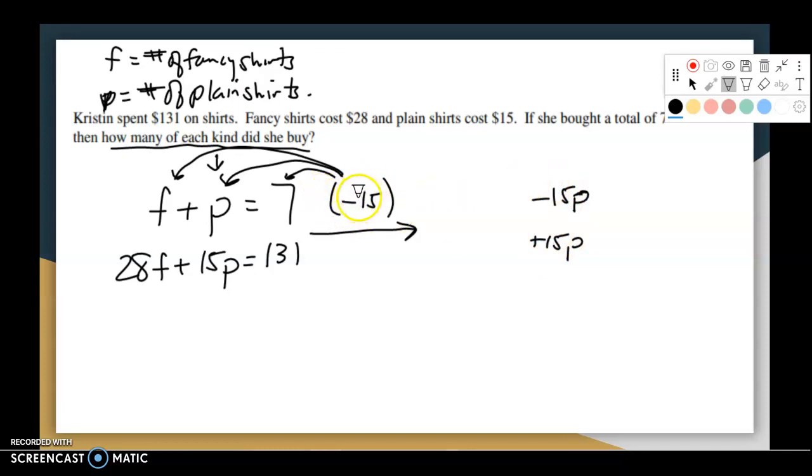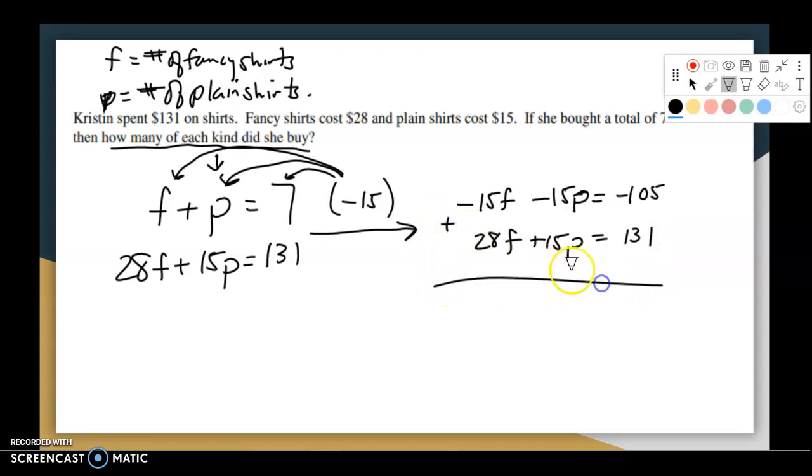All right, so let me fill in the rest of this. We have negative 15F minus 15P equals negative 105. And then we have 28F. The bottom equation I'm not going to change. I'm going to keep it the way it is. Equals 131.